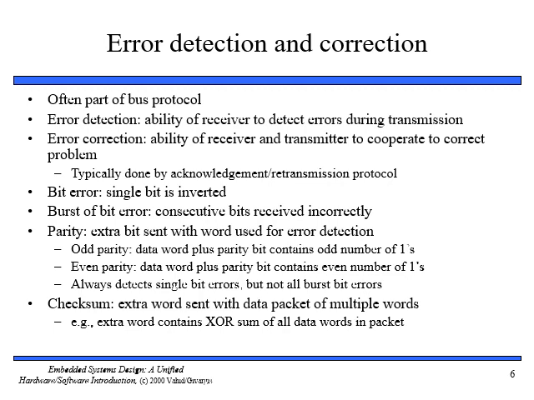Okay, so we take the XOR of all the data words and we send that checksum, and at the receiver side we compute the XOR sum of all the data words it received, and then we compare our checksum with the received checksum to make sure that there are no errors.